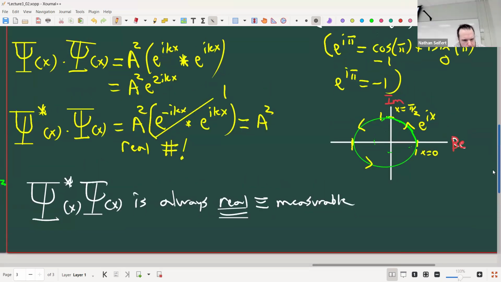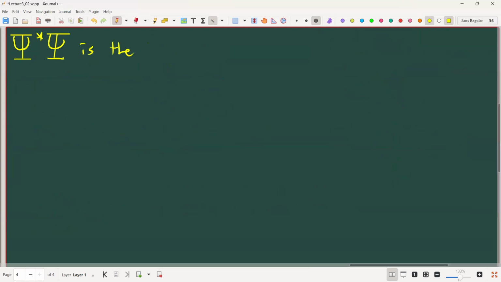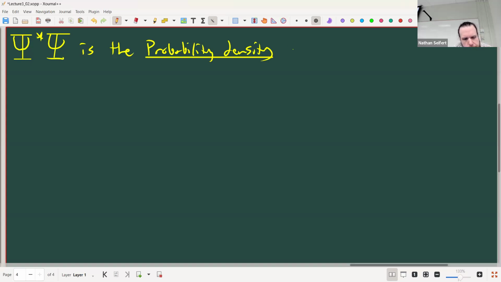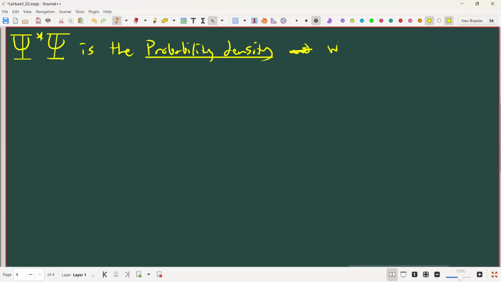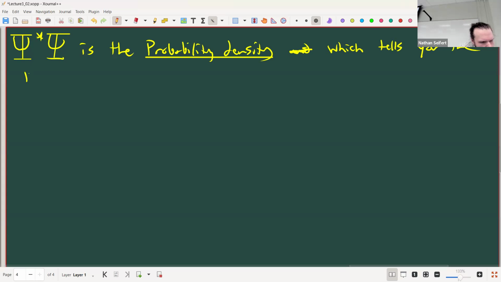Let me do it on the next page. So again, let me just remind you that psi star psi is what's called the probability density, and it tells you the probability of observing the system in some state.